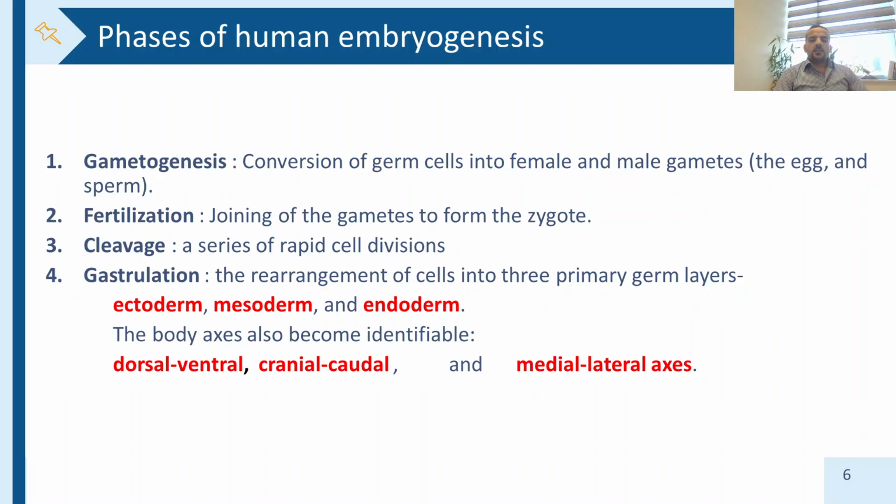The fourth stage هي الجاستريليشن. During this stage the primary germ layers will form واللي هن عندنا الإكتودام, ميزودام, and endoderm. Also, body axes will form during this stage. We have the dorsoventral, craniocaudal, and mediolateral axes.